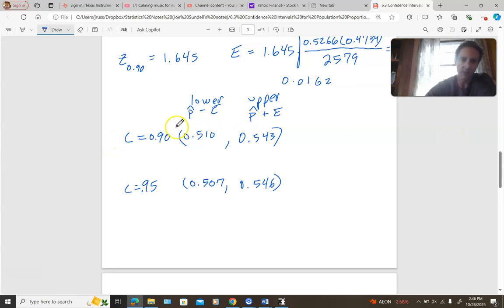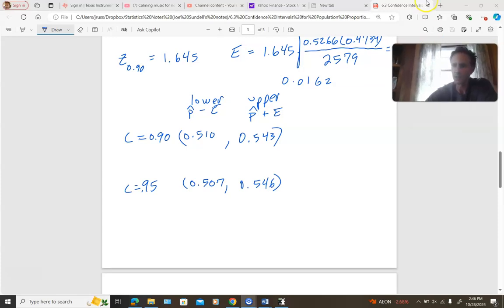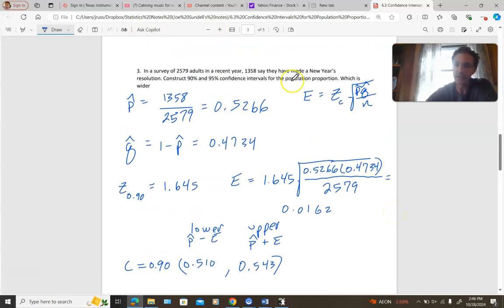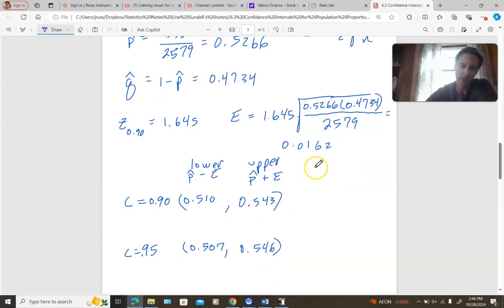And with a lower level of certainty, we end up with a narrower confidence interval. It might even seem a bit counterintuitive depending on how you look at it, but anyway, guys, that's how you find a confidence interval for a population proportion, okay?